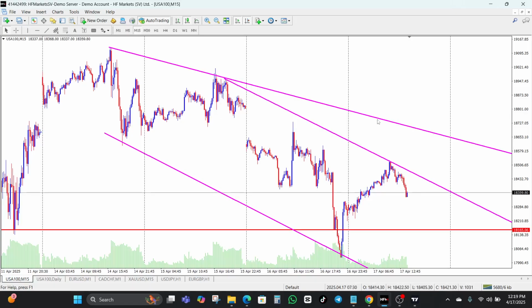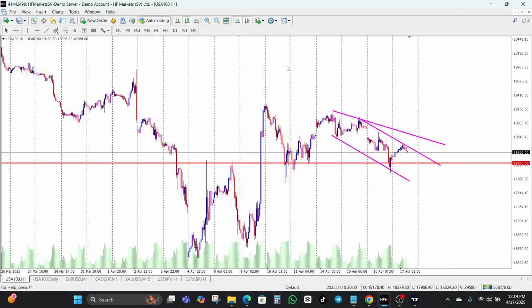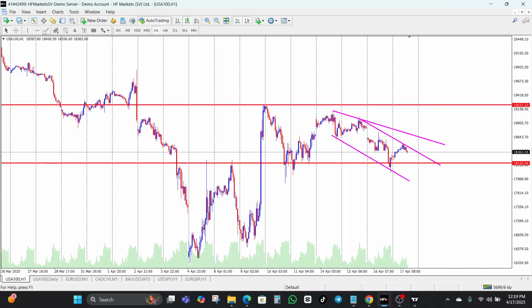Now, the next step is to mark your key levels. You draw your support and resistance zones from previous highs and lows. Mark those key zones on your chart.